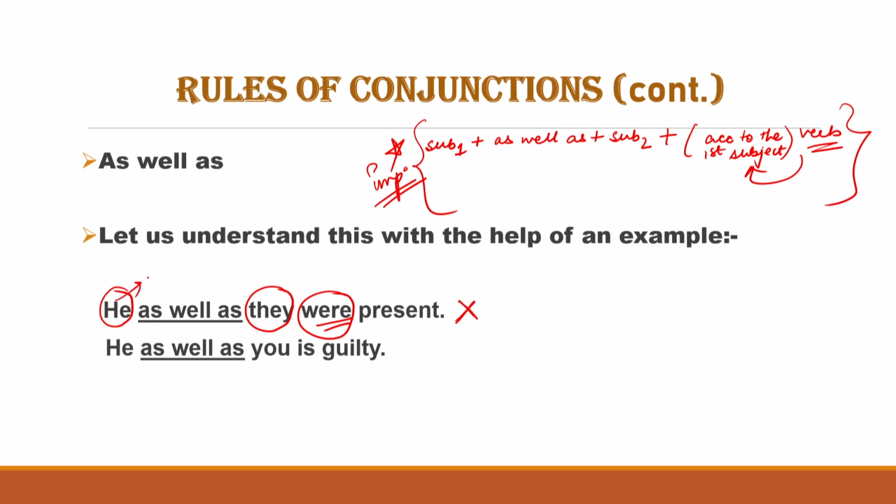So hence he is singular, so the verb will also be singular. So instead of were, was will be used. So the correct sentence will be he as well as they was present. Fine. Next sentence, he as well as you is guilty. So this sentence is correct.